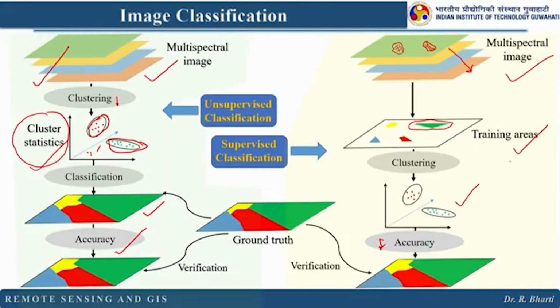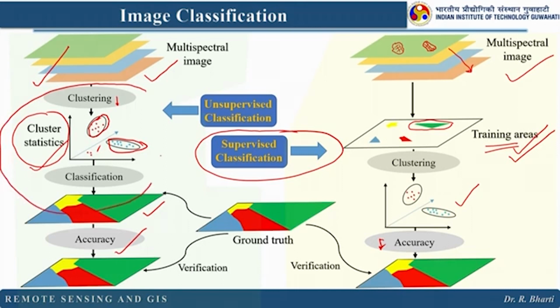So here when you are using the training data set from the field, it is known as supervised classification, because you are supervising the algorithm or the method to classify this image into 3 or 4 categories based on your training data. But in the clustering mechanism, you do not control the whole process.